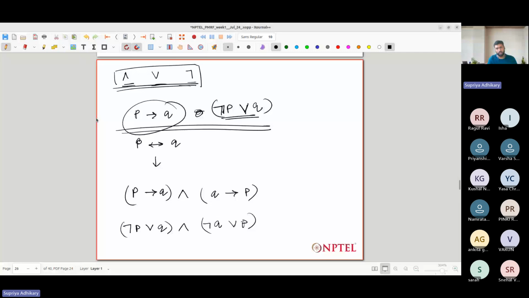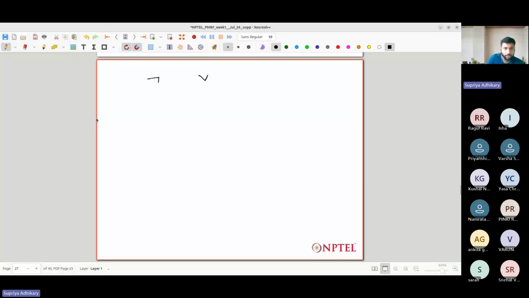So what about only negation and disjunction? So if we only have these two operations, then what about P implies Q? So we know that P implies Q, we can write it as only these two operators.